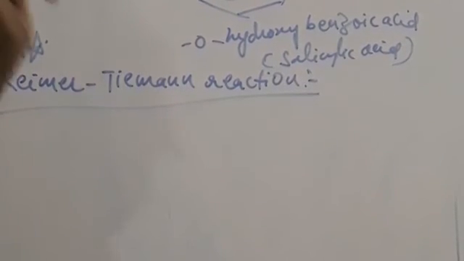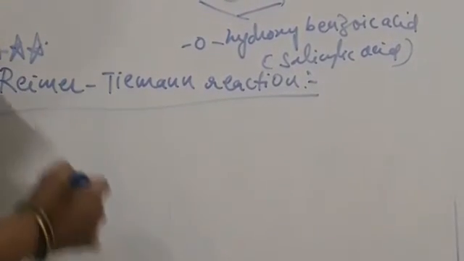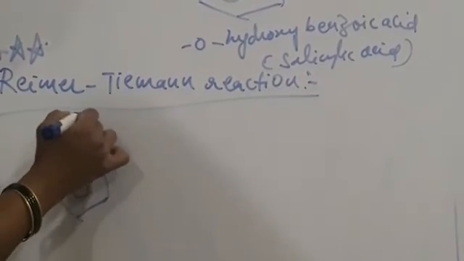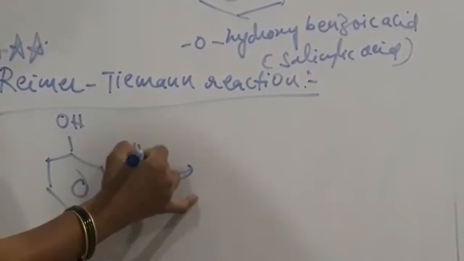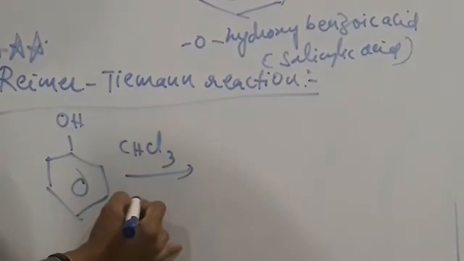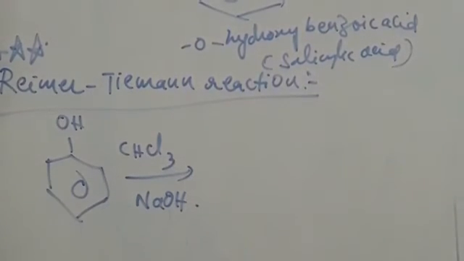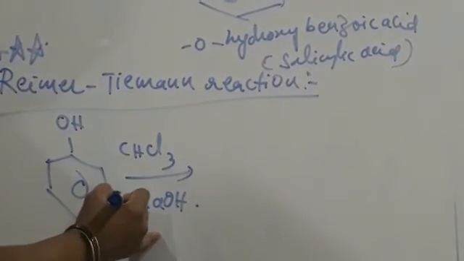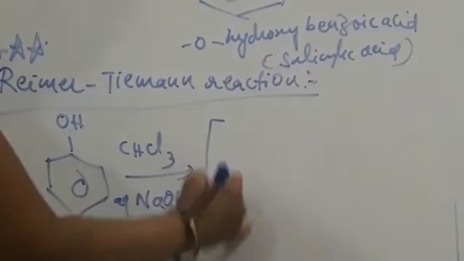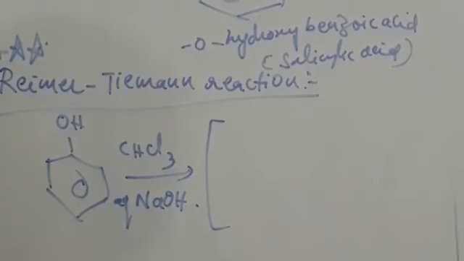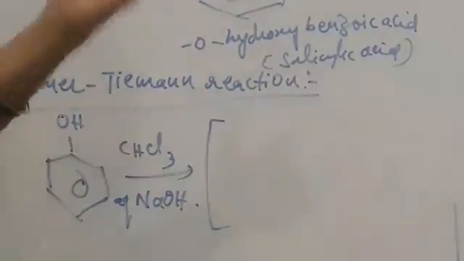So the first step is phenol treated with chloroform in presence of sodium hydroxide, NaOH. First we get an intermediate compound, and from the intermediate compound we get the final compound.